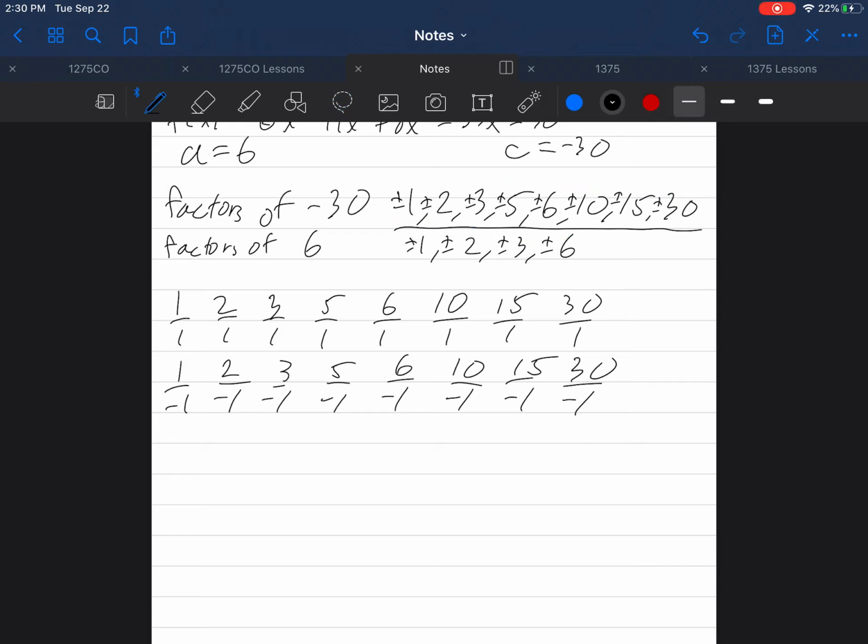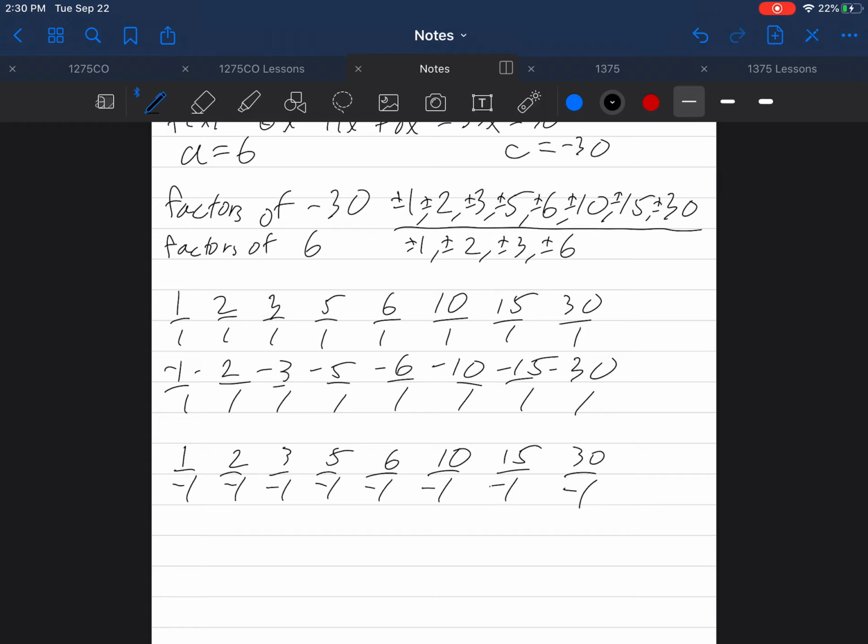So I wrote out all of these numerators over 1. Now I've got to write out all of these negative numerators over 1. And I have to do the same thing again. 1 over -1, 2 over -1, 3 over -1, 5 over -1, 6 over -1, 10 over -1, 15 over -1, 30 over -1. -1 over -1, -2 over -1.